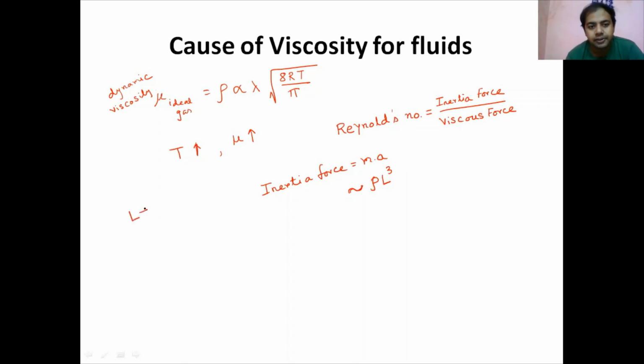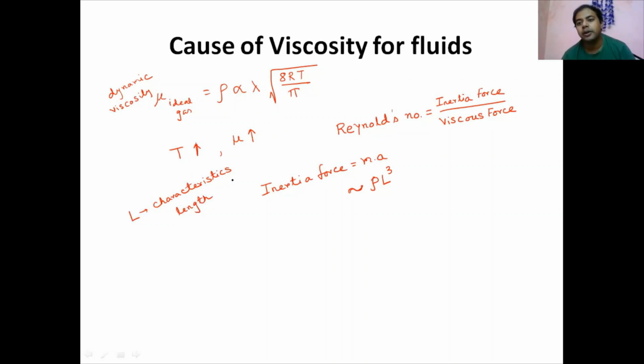We wrote it previously, L is the characteristic. That means along the length, the fluid characteristics will be changing continuously.